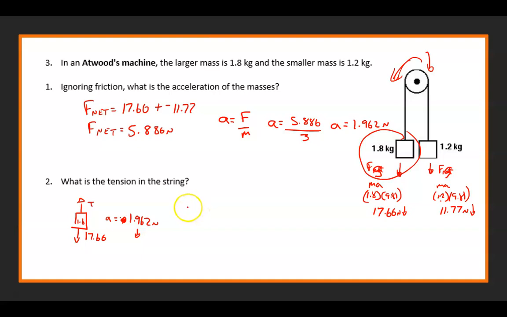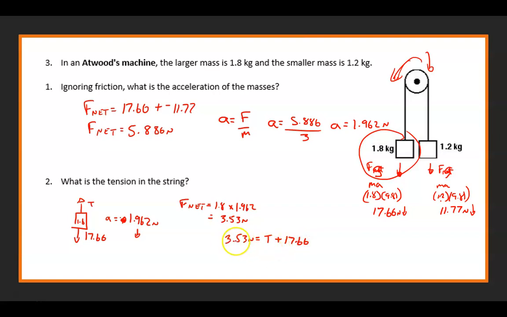Alright, so from here we can find out what that net force is. 1.8 times 1.962, that's 3.53 newtons. And that's a combination of these two, so we can say that 3.53 newtons is equal to the tension and that force of gravity, which is going 17.66.